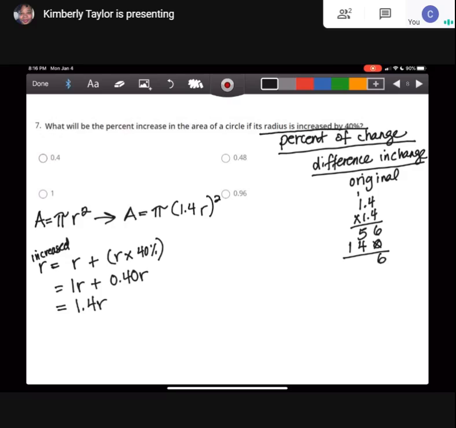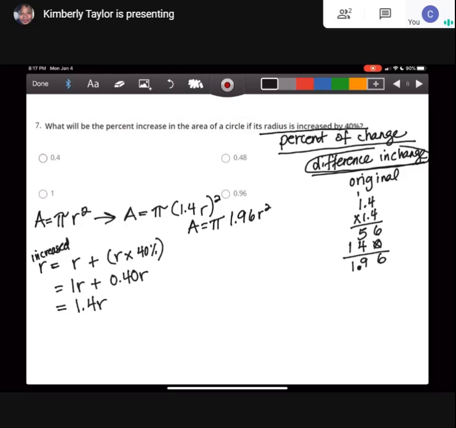So this is 6, 9, 1, 2 decimal places. Okay, so your area, instead of being A equals pi r squared, it's going to be A equals pi times 1.96 r squared. Okay, so this is where we have to do now our difference in change.